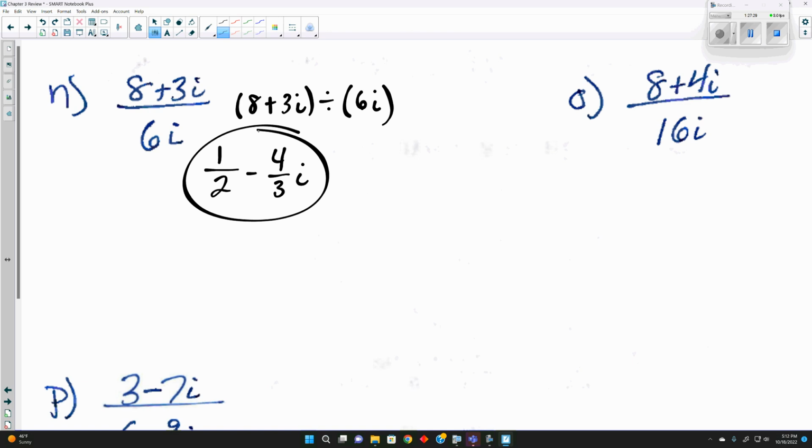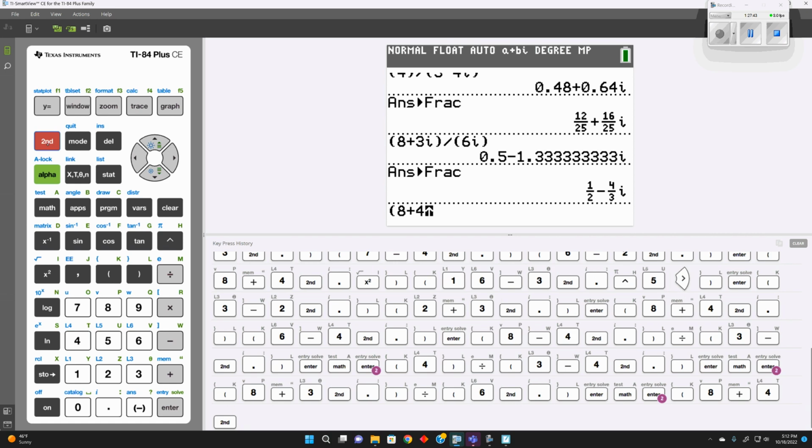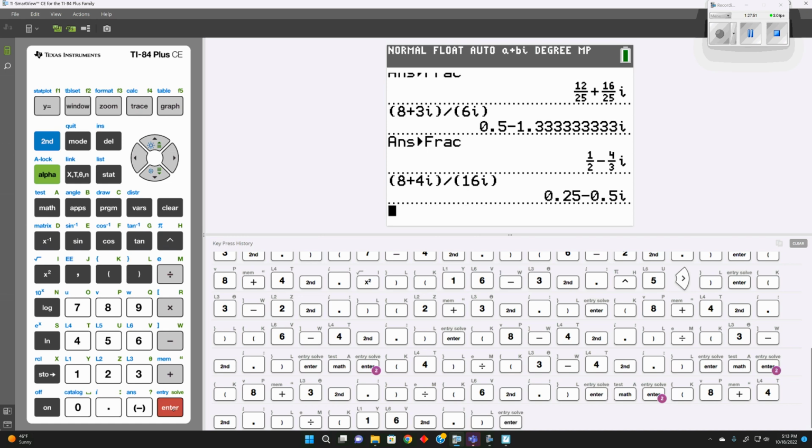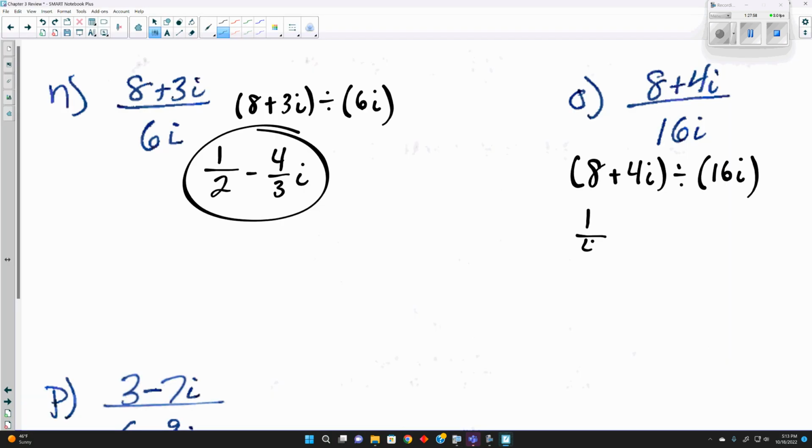And that's our answer. We don't have too many of these left, so for the next one, we're going to do 8 plus 4i in parentheses divided by 16i. So in here, 8 plus 4 second i divided by 16i, enter. So if we get this here, we can go math, enter, enter, which tells us it's 1/4 minus 1/2 i. And that's our final answer there.